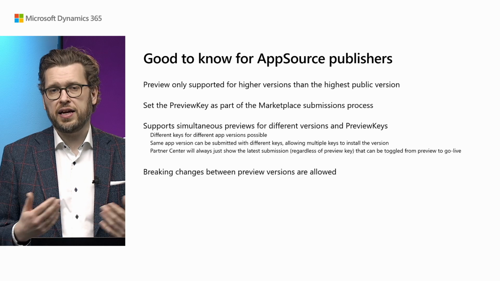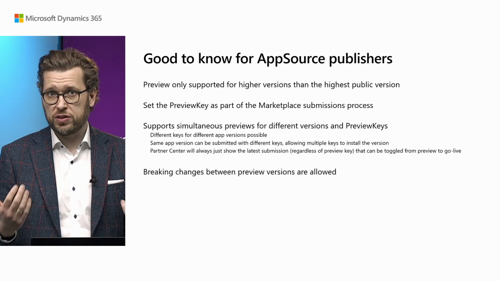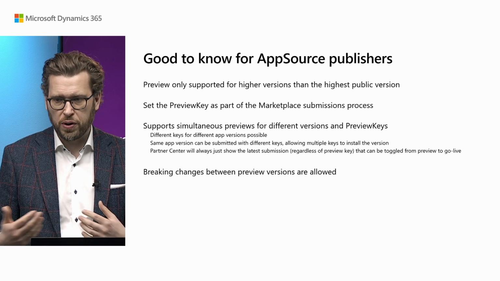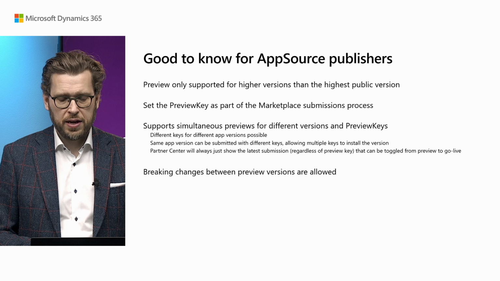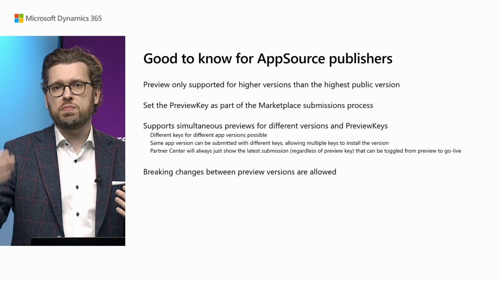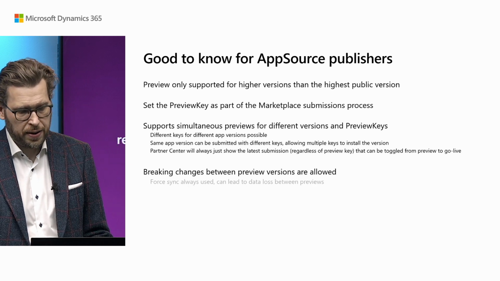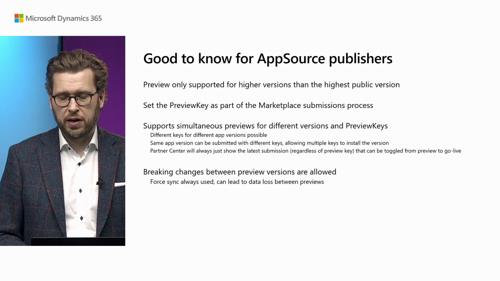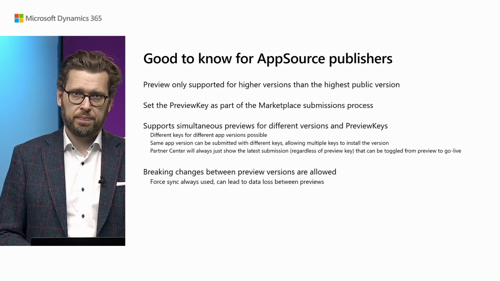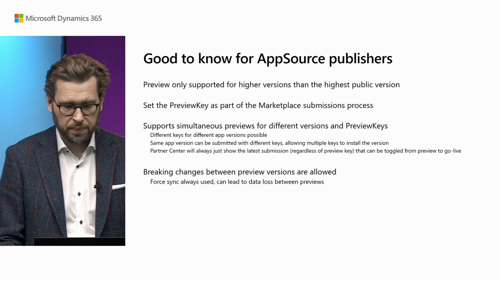Then we understand that as part of the preview process, and this is one of the big benefits of the preview process, you probably want to react to the feedback that you are getting from your customers. So you are actually allowed to make breaking changes between preview versions. And what happens is that we are always using force sync when we are upgrading previews from one version to another.